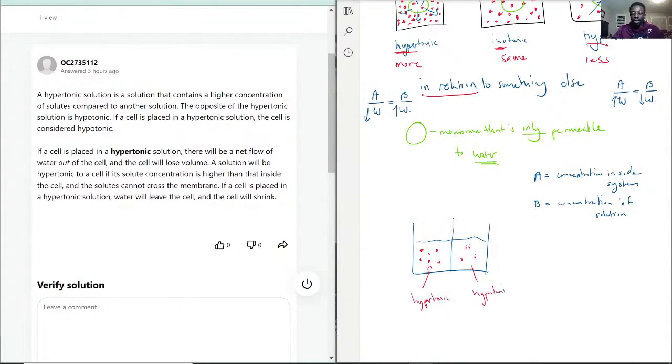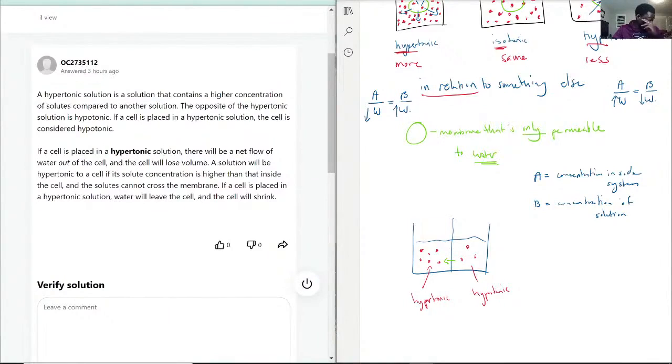You can also have it split like that if it makes it easier for you to see. The water will be flowing in and out through here. But in this case, you would most likely see the water only go in this way because it needs to balance out this hypertonic solution.